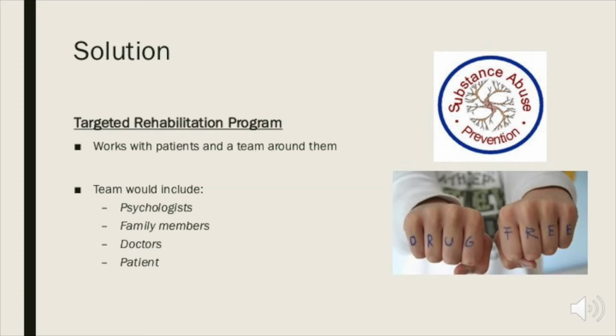Using the research collected and presented in this presentation, some ways that alcohol's role in the criminal justice system can be reduced are rehabilitation institutions that work with the patients and a team around them. This team would include psychologists, family members, doctors, and the patients to ensure that the patient is getting a targeted rehabilitation plan rather than a general one which doesn't include their individual needs.